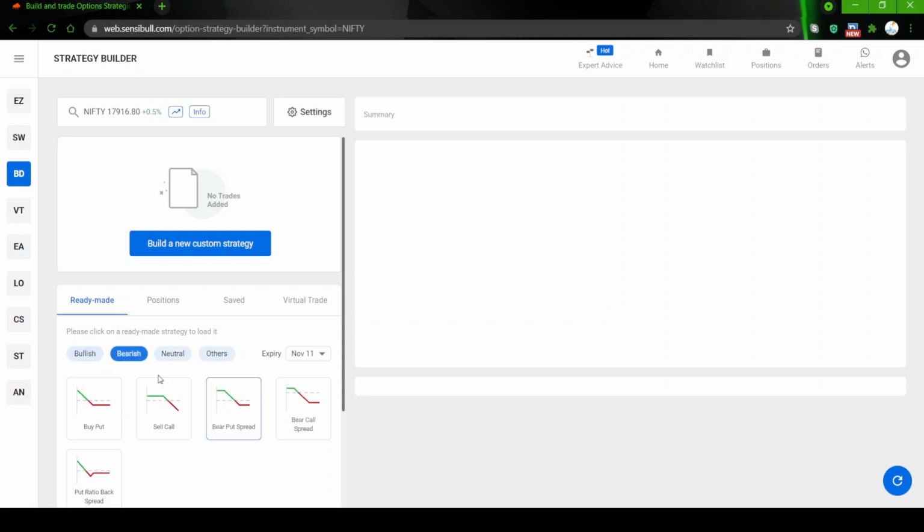As I said, a vertical spread is a different strike, same expiry, same type of option. Either you do it with calls or you do it with puts. Quantity will be the same. If you do an unequal vertical spread, the loss will be more.